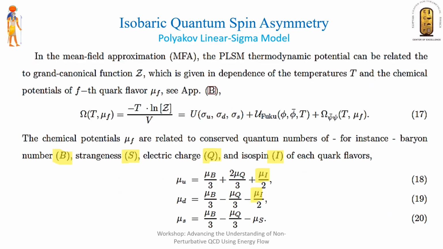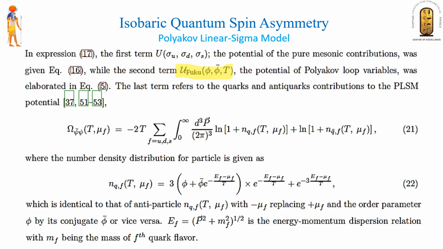To do this, we can also relate the chemical potential to the different constituents, different quantum charges. For example, the baryon, the strangeness, electric charge, and the isospin, and these are elaborated in these three expressions. From this, we are now able to construct our potential using the mean field approximation.